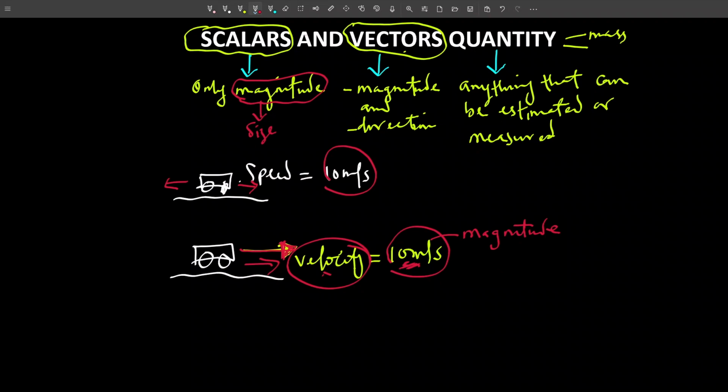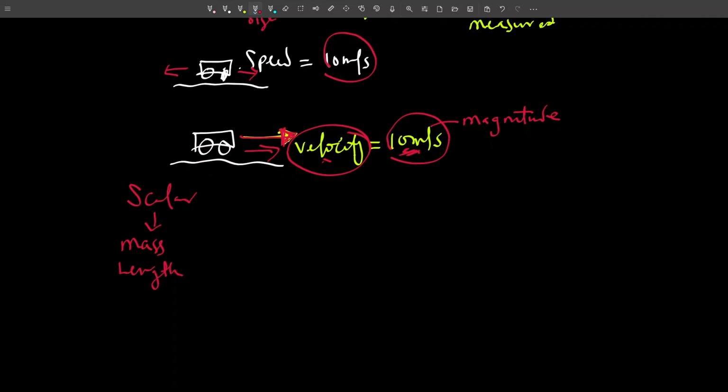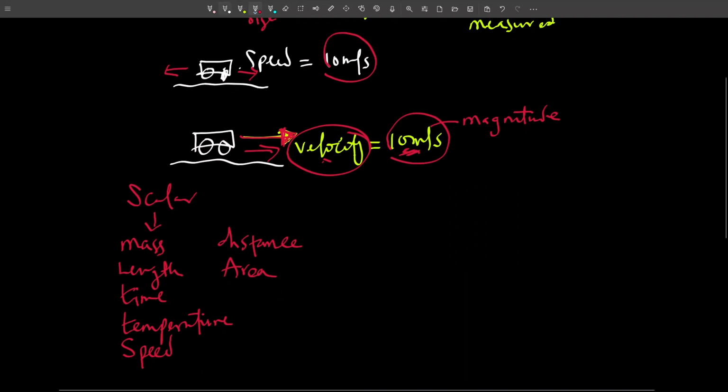So we have other examples for scalar and vectors. Let me just give you some examples of scalars and vectors. For scalars, we have examples like mass, length, time, temperature, speed, distance, and area. Those are a few examples of scalars. So let's see some examples of vectors.